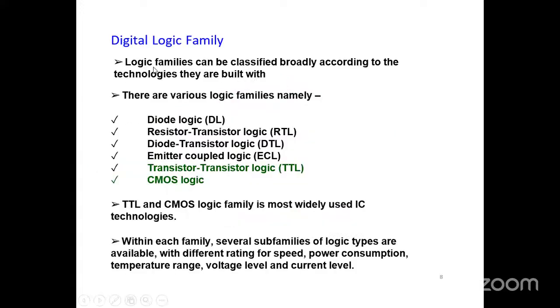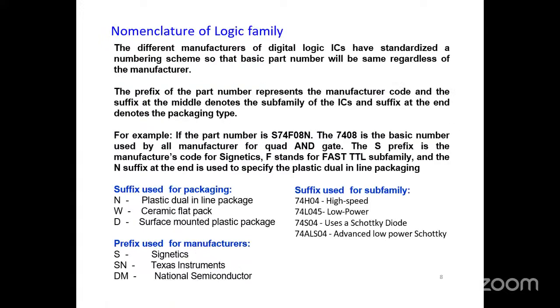Coming to this, logic families can be classified broadly. We have just discussed this, within each family, and the nomenclature of the family. The suffix is used for packaging: plastic dual in line package, and ceramic flat package.